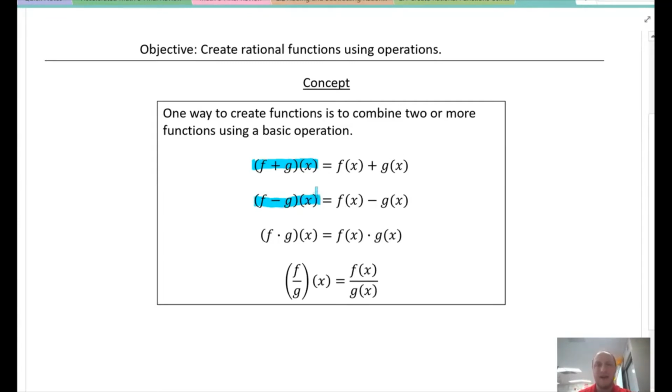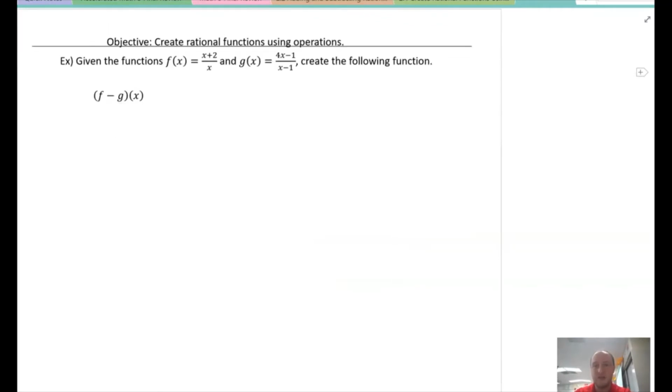Just like a regular function, you subtract the functions. How about f times g of x? Well, what do you think you do with f of x and g of x? You multiply them. And f divided by g of x, we're going to divide them. Simple enough. I'm going to split this into two separate videos, so I'm just going to start with the first two, which is addition and subtraction.